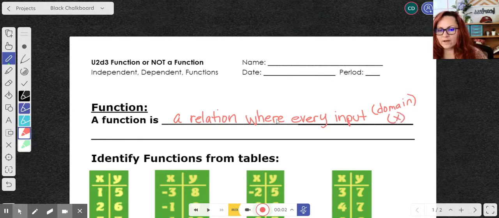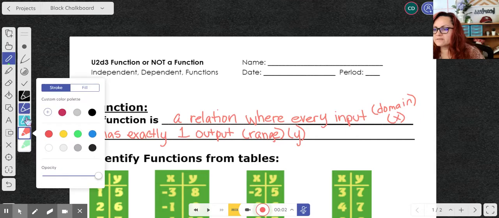A relation where every input has exactly one output. Okay, and again, we could refer to output as range or Y. Please know that they will use those terms interchangeably.